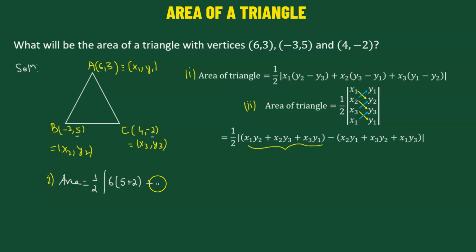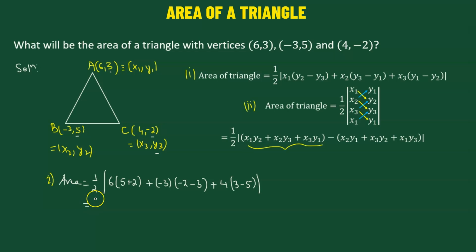Added to that, we have x2, which corresponds to -3, multiplied by (y3 minus y1). y3 is -2 and y1 is 3, so we have -2 minus 3. Plus, we need x3, which corresponds to 4, multiplied by (y1 minus y2), which means 3 minus 5.